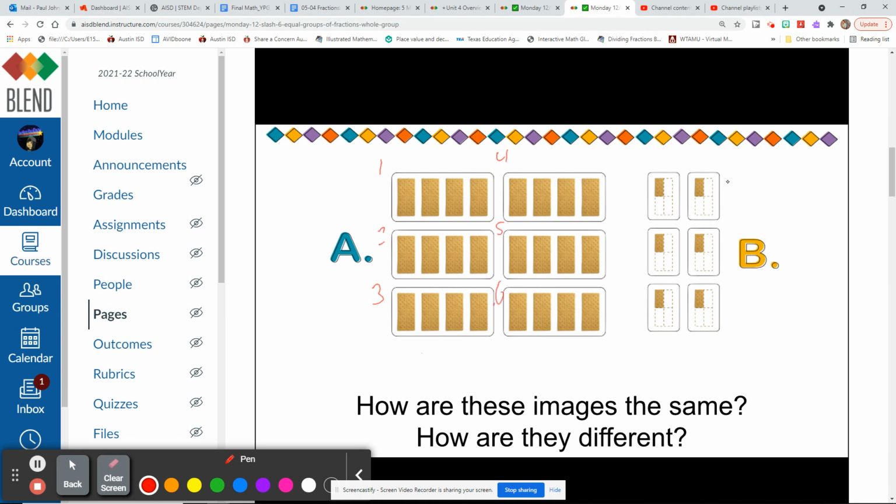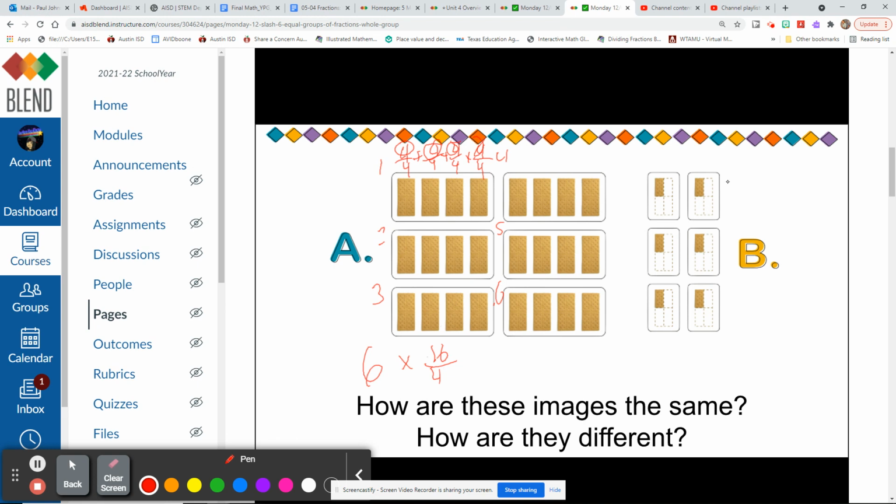So on this one, it looks like we have six groups of 16 fourths. I know that sounds crazy, but if you think about it, there's 4 fourths plus 4 fourths plus 4 fourths plus 4 fourths, which would be 4, 8, 12, 16 fourths. So this is six groups of 16 fourths.